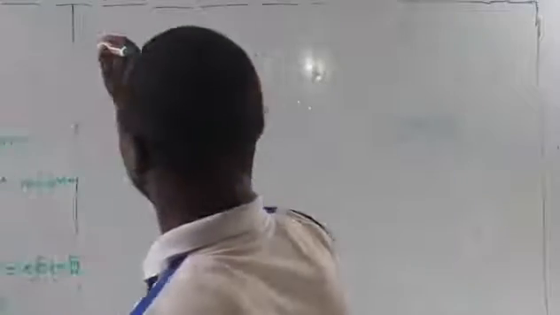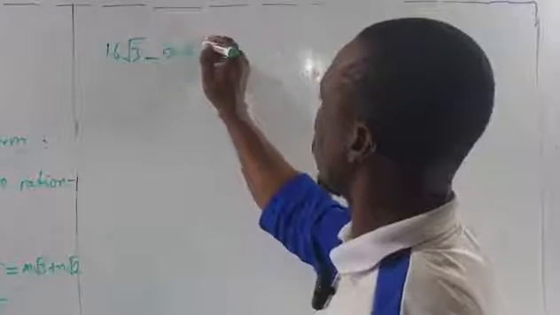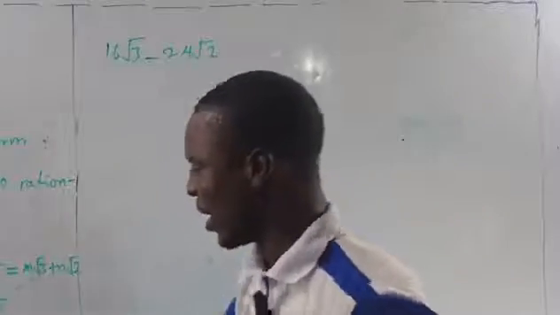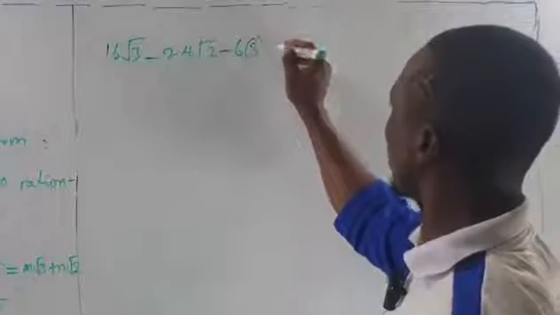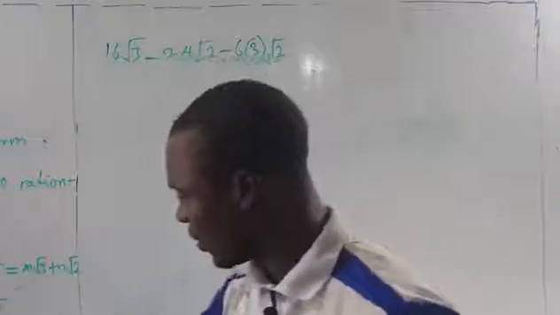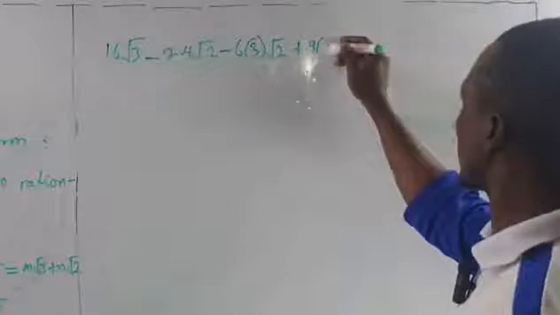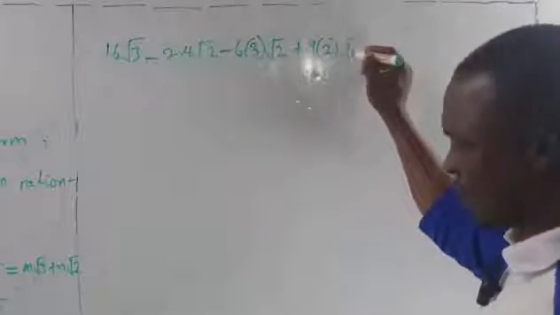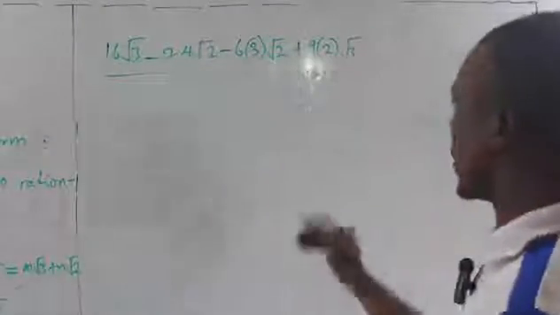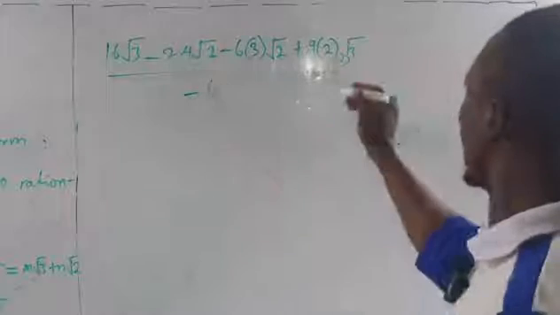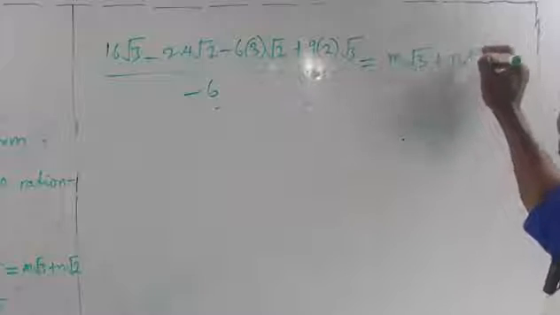We have 16 root 3 minus 24 root 2. Then we have minus 6 into square root of 9, which is 3, so we have 3 root 2. Then plus 9 into square root of 4, that is 2 root 3, all over 12 minus 18, that is minus 6, which is equal to m root 3 plus n root 2.